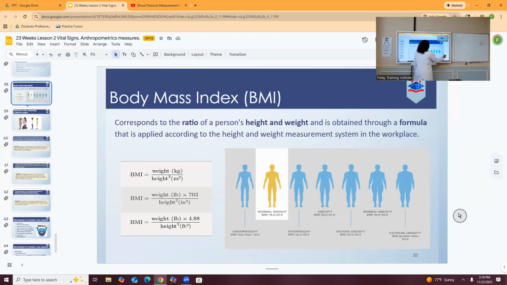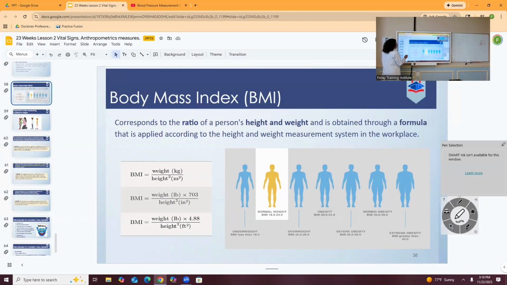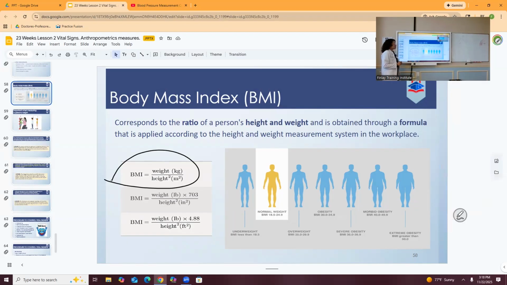You're going to see three different formulas. The most used one is the weight in kilograms divided by the height multiplied by 2, or multiplied twice.